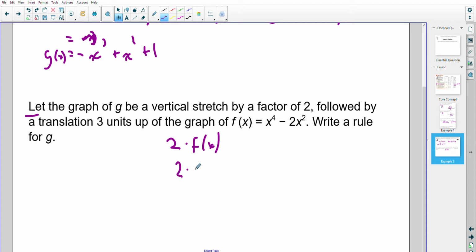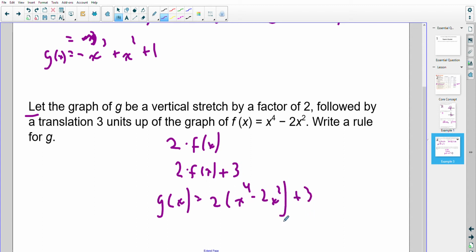This is what I want to do to my f of x, which means that the g of x is equal to 2 times this plus 3, which simplified is going to be 2x to the fourth minus 4x squared plus 3.